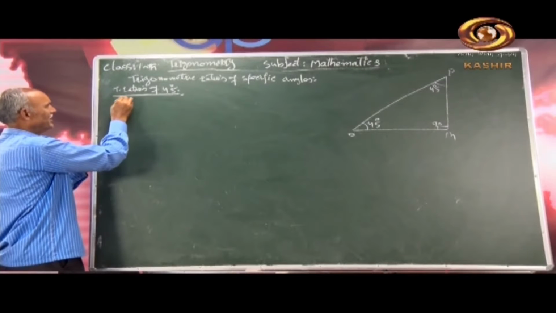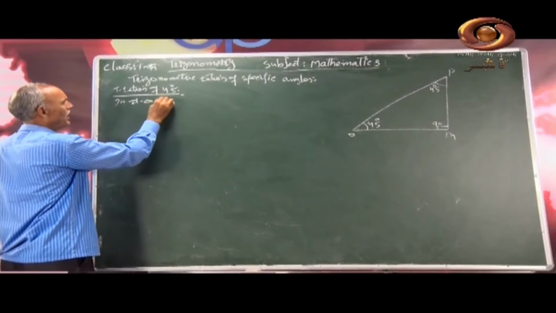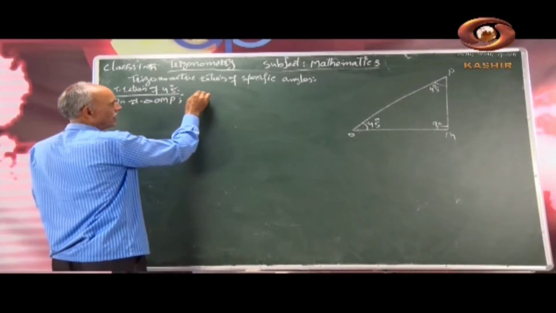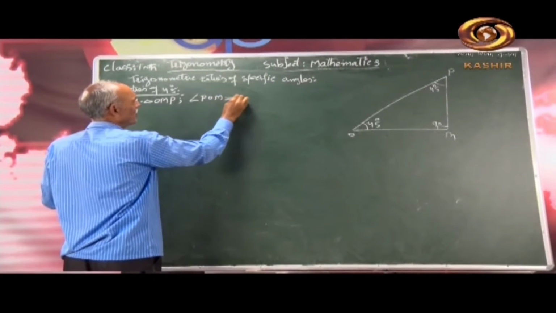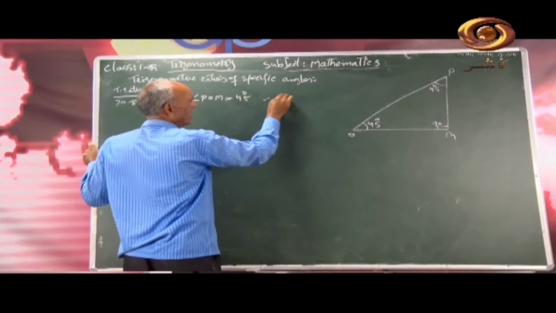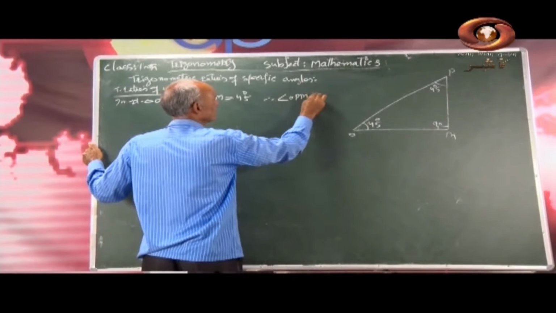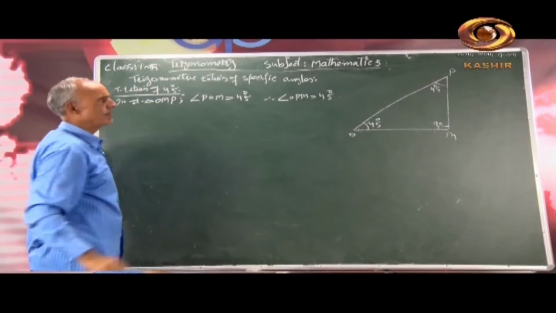Let in right triangle OMP, angle POM is equal to 45 degree. Therefore, angle OPM will also be equal to 45 degree, so that the sum of the three angles will be 180.